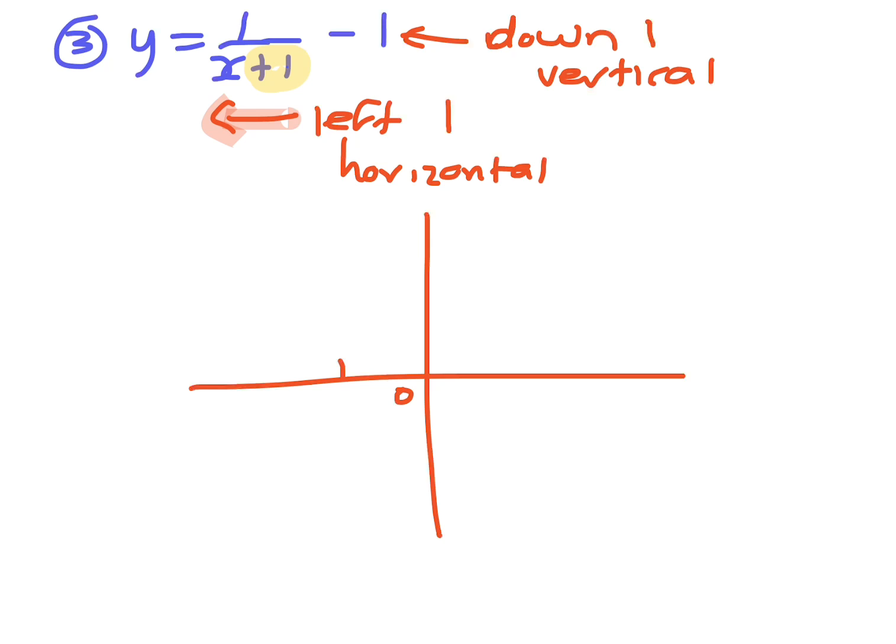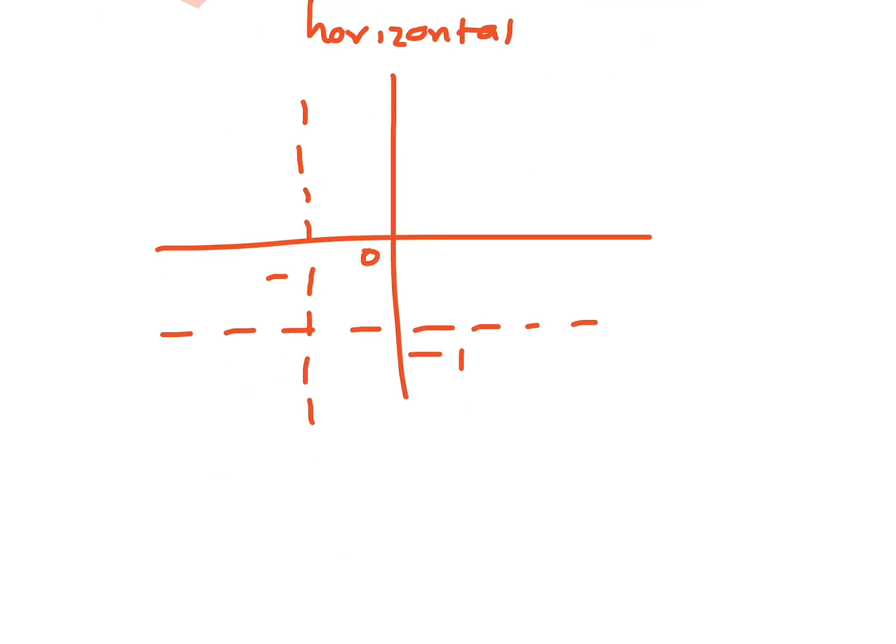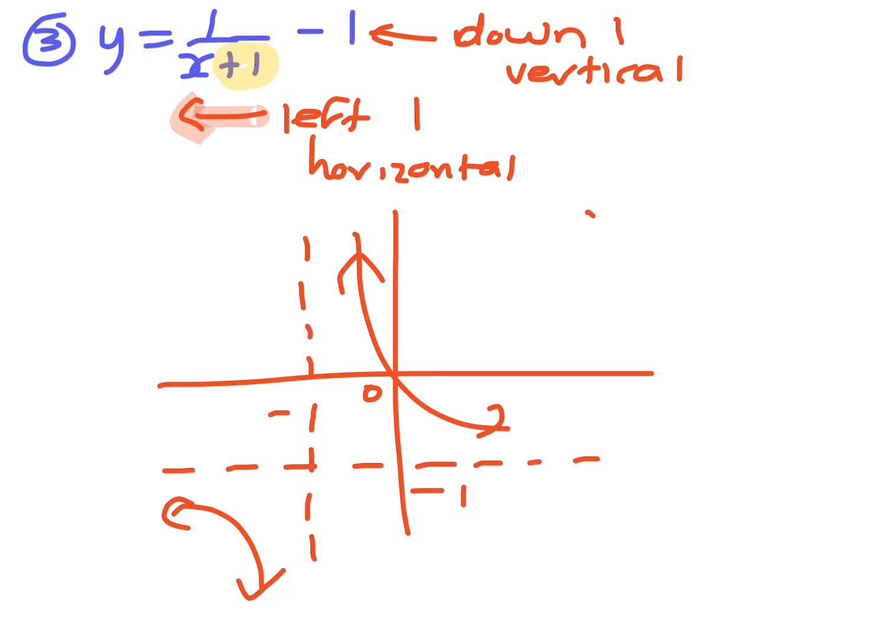Okay, so you shift to the left by 1, and the vertical is shift down by 1. Okay, so that means that this would be here and here. So if you put in x equals 0, you get y equals 1 over 0 plus 1 minus 1.